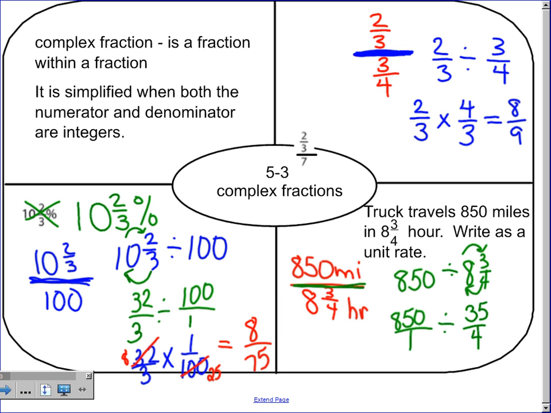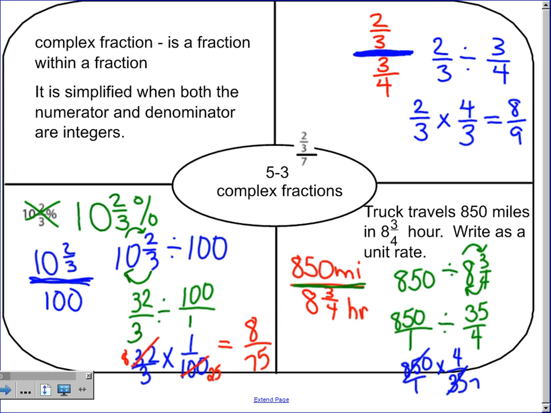Now I'm ready to do leave, change, and then the reciprocal, okay? The multiplicative reciprocal. So we have 850 over 1 times 4 over 35. What do we know for sure that could go into 850 and the 35? Yeah? 5 could. So 5 goes into 35 how many times? 7. What about the 850?